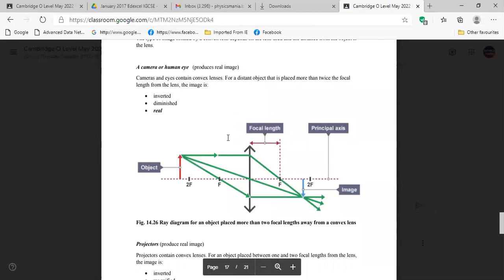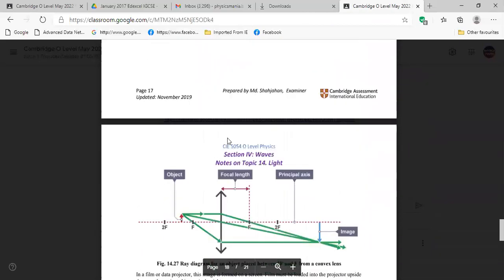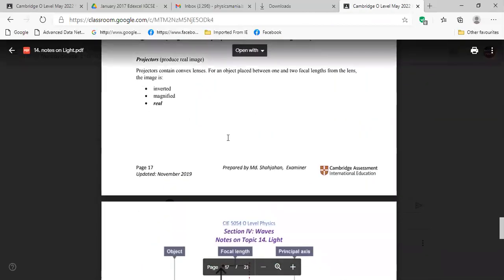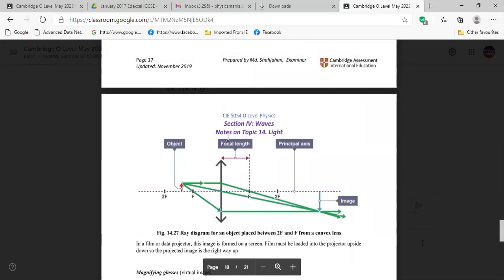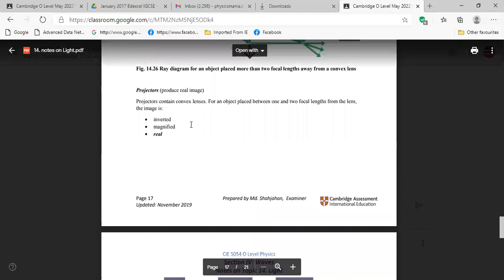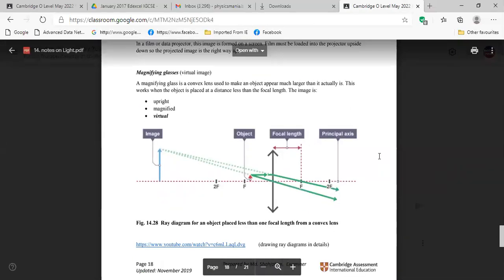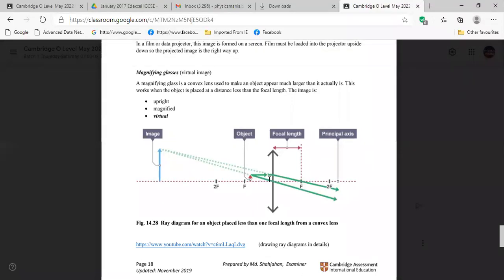For camera or eye, you got this diagram, right? Then for projector, you got this diagram, and you got these properties of images. Then for magnifying glass, you got this diagram. And see, for this one, the object is very close to the lens.